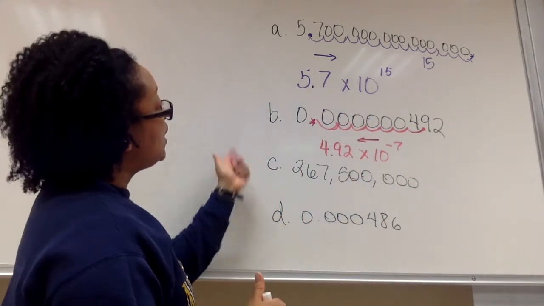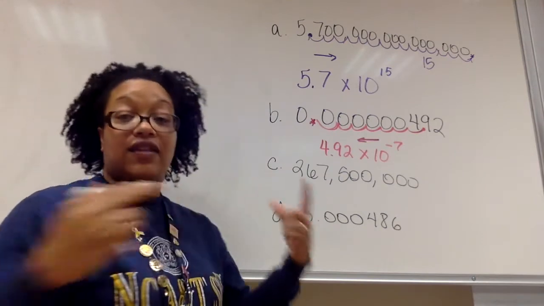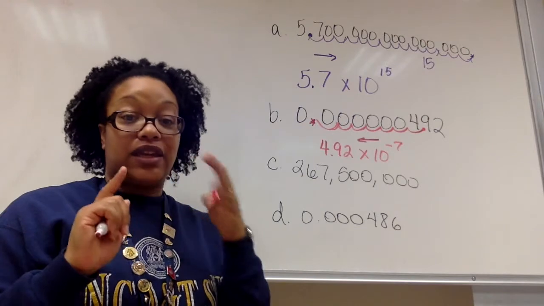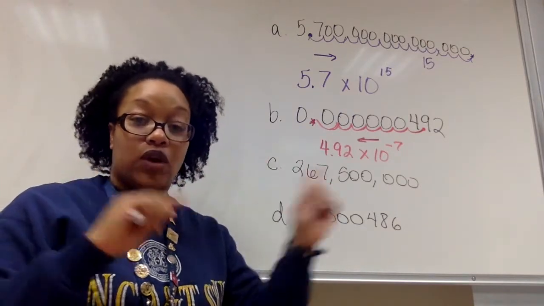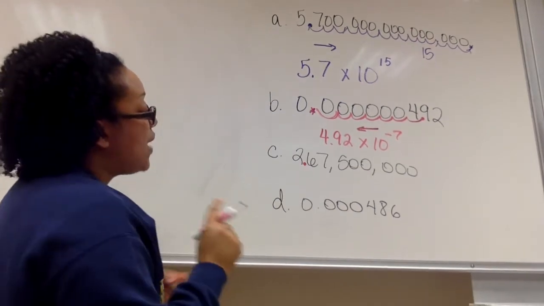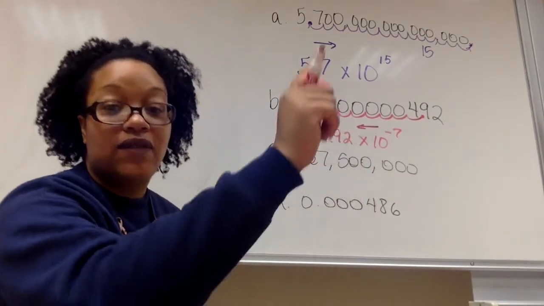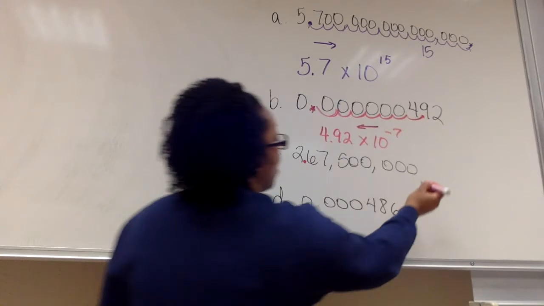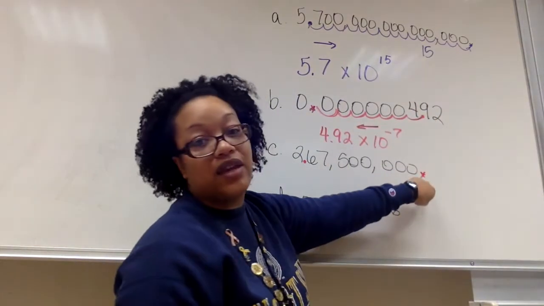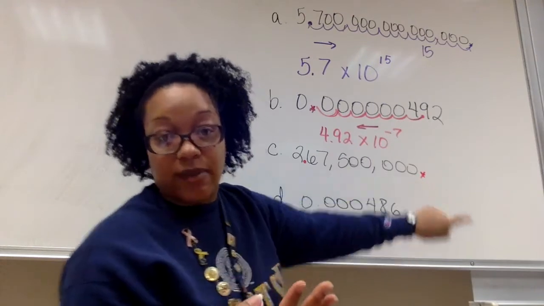Now, letter C is just like number 1. It's a big number. It's not as big, but it's a big number. I first put it in order between 1 and 10. So I have to put my decimal right there. So now I have 2.675. And then I'm going to count all the way to the end, because you know there's like an invisible decimal right there when you're talking about whole numbers.